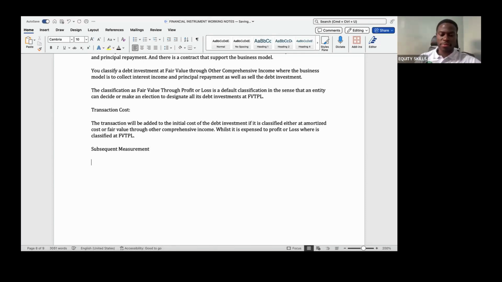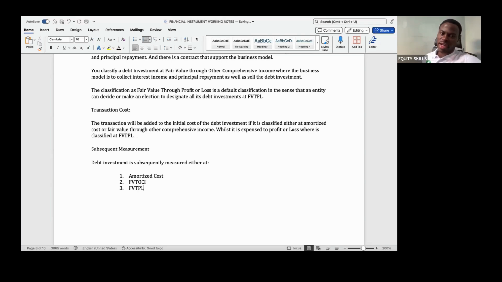So again, this debt investment is subsequently measured either at amortized costs, fair value to OCI, fair value to P&L.